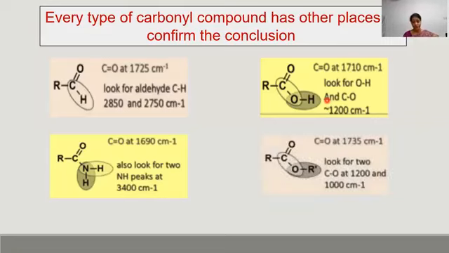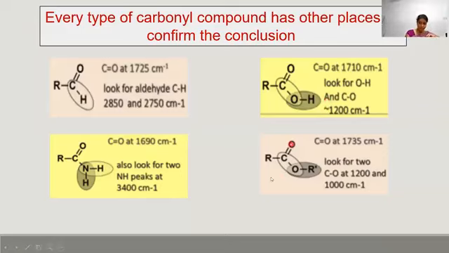In case of esters, two carbon oxygen bonds are there. One is carbon double bond oxygen and another is carbon single bond oxygen. The C double bond O carbonyl group shows absorption at 1735 centimeter inverse, whereas carbon single bond oxygen shows absorption at 1200 centimeter inverse. Now there are two carbon single bond oxygen.